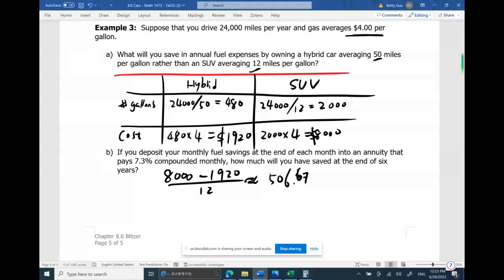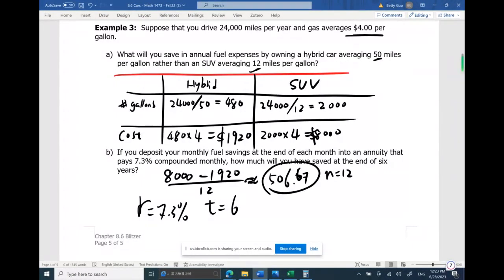And if you deposit your monthly fuel savings at the end of each month, so n equals 12, we are doing an annuity right now, that pays an annual interest rate of 7.3%. How much will you have saved at the end of 6 years? So t equals 6. Write down that information on your scratch paper.